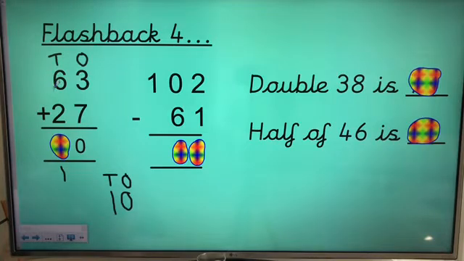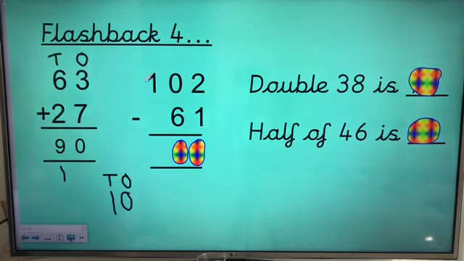Okay, so now I can move on to my tens column where I've got 6 add 2. So 6 goes in my head and 2 on my fingers, and count on with me. Ready, stop, stop, go. 7, 8. But don't forget, we need to add our 1 down here. 1 more than 8 is 9. So 9 goes in my tens column. Good job if you got 90 as your answer for 63 add 27.